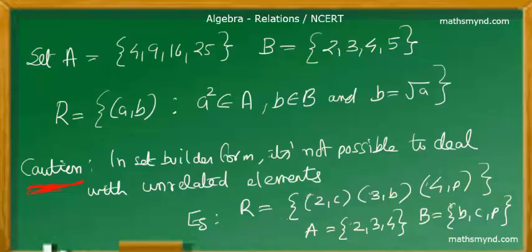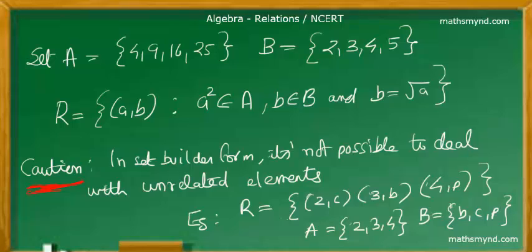So that's an important point which we should note. And another key point is that in the set builder form there's a particular deficiency, or one kind of representation is quite not possible, in the sense that if you are dealing with distinct and unrelated elements.